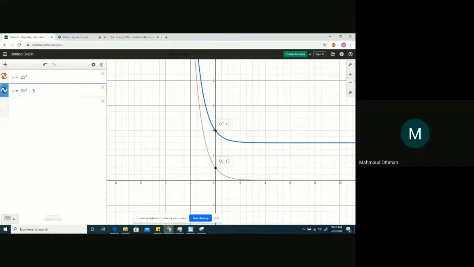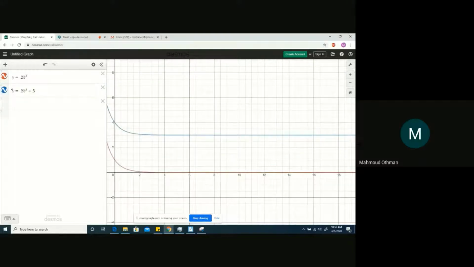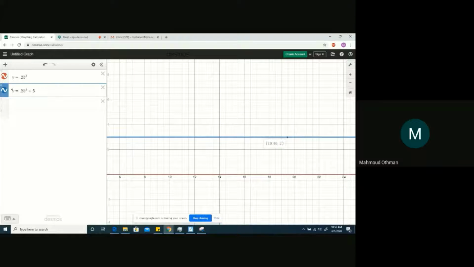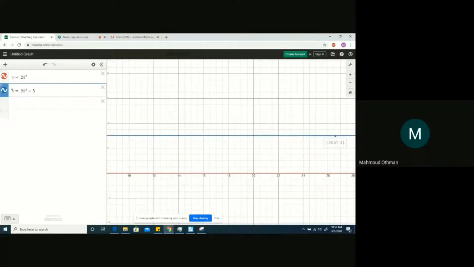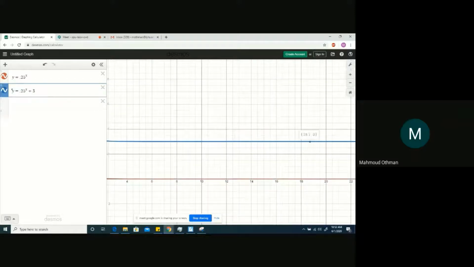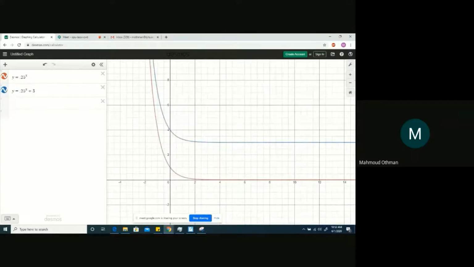Now, this also changed the range. This function is not actually at 3, but for the rest of its function life it's trying to get to 3 from the right side.